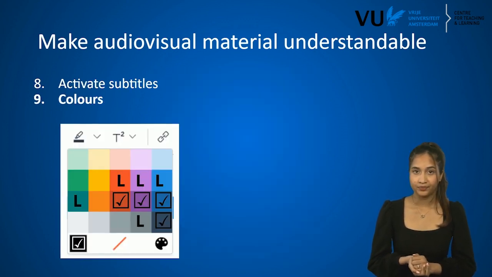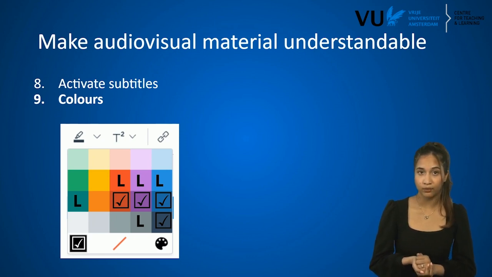Tip number 9. When you are using colors in your Canvas course, make sure you are using a colorblind-friendly palette. When you use colors, for example, to highlight text or to change the font color, make sure you use colors that have a high contrast. This image shows you which colors of the standard Canvas course palette are the best to use.